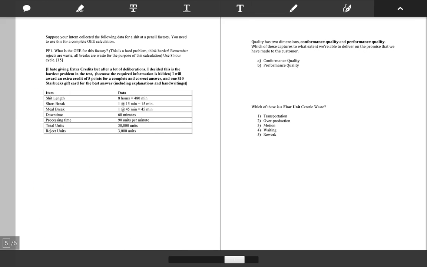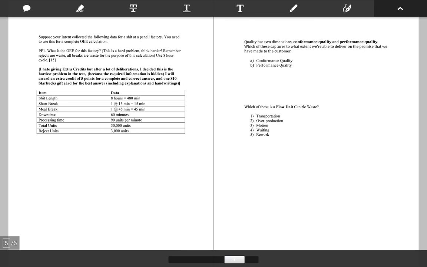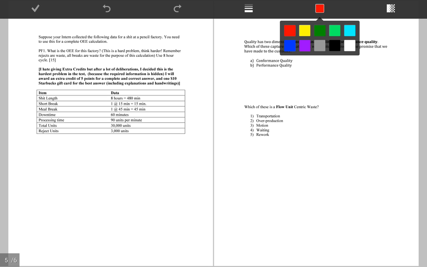The next question. There are multiple ways to do this. The traditional way, looking at the time, is slightly difficult, but let me do that. So we start with 480 minutes.